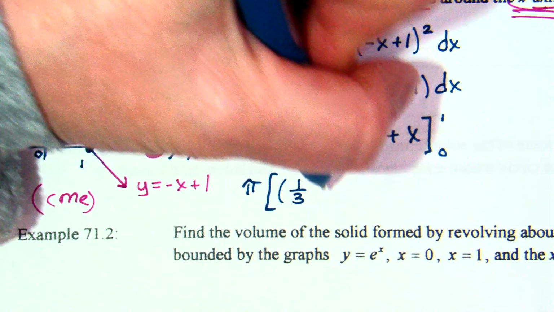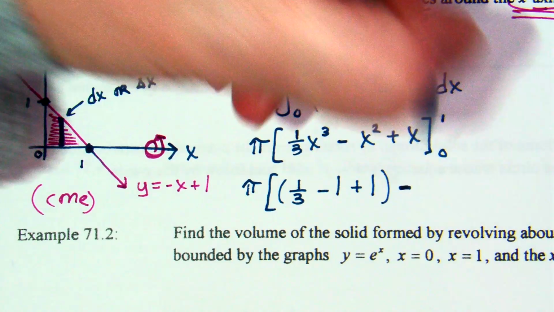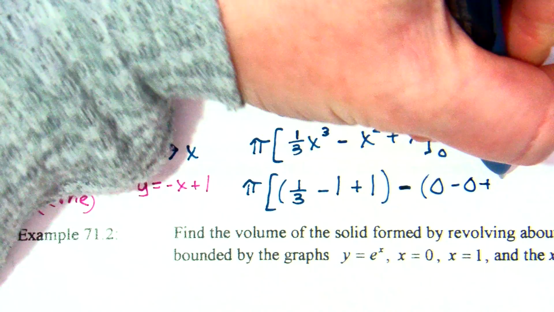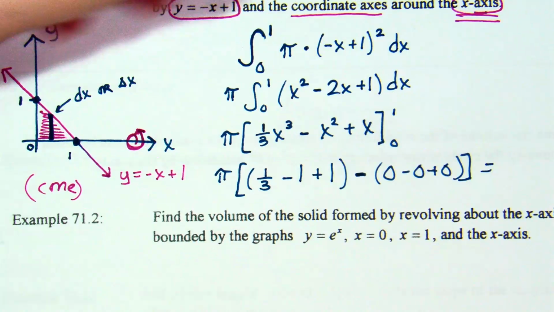And now I'm going to plug in 0. 0 minus 0 plus 0. What's this all clean up to be? It's 1/3 times pi, which is pi over 3. Because it's volume, we can say units cubed.